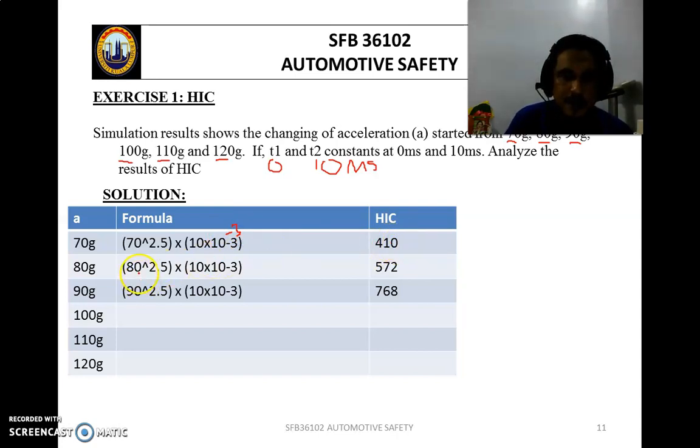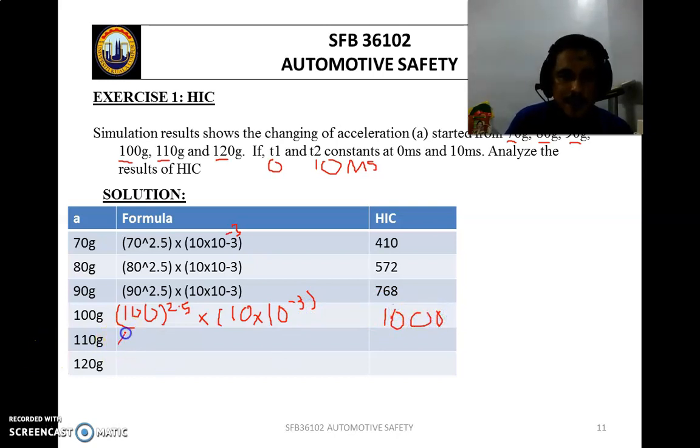Then 80 to the power of 2.5 times the difference in time, the result is 572. 90 to the power of 2.5 times 10 to the power of negative 3 gives 768. For 100 to the power of 2.5 times 10 to the power of negative 3, the result is 1000.